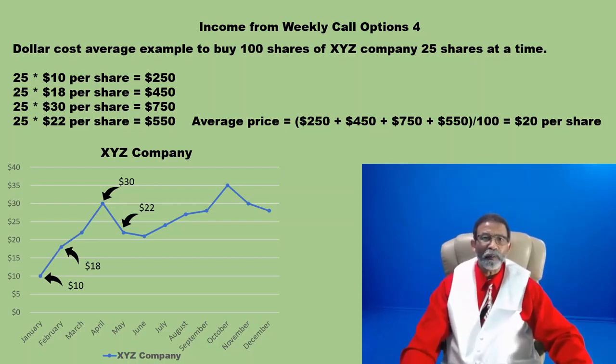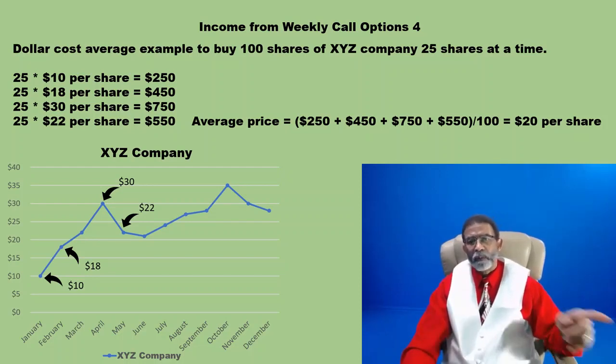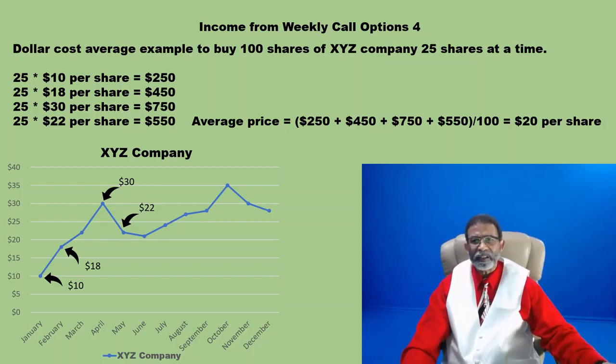So in this example, if you bought 25 shares at $10, 25 shares at $18, 25 shares at $30, and 25 shares at $22 a share, you would get an average price when you add all four purchases together: $250, $450, $750, and $550.